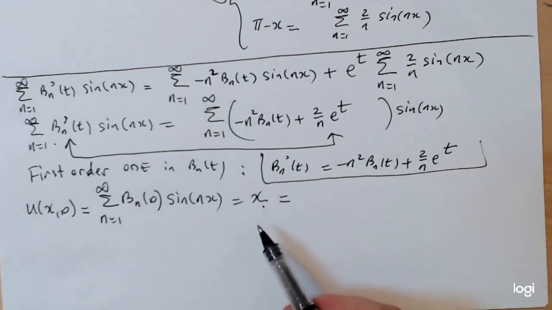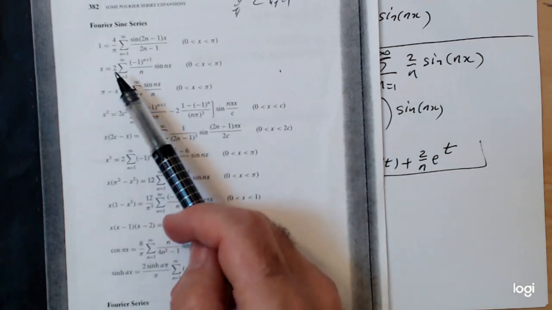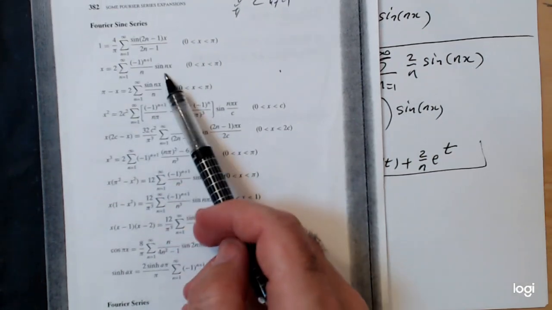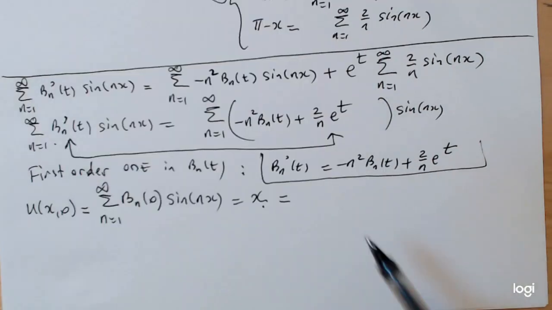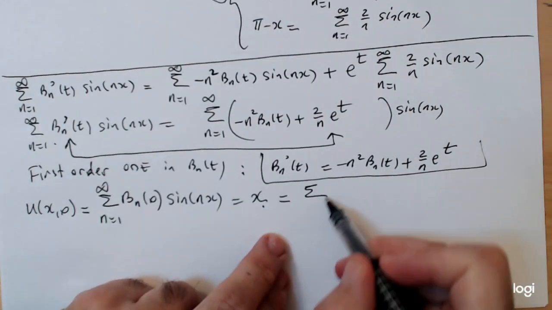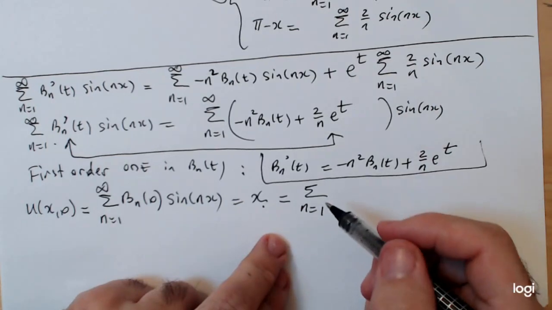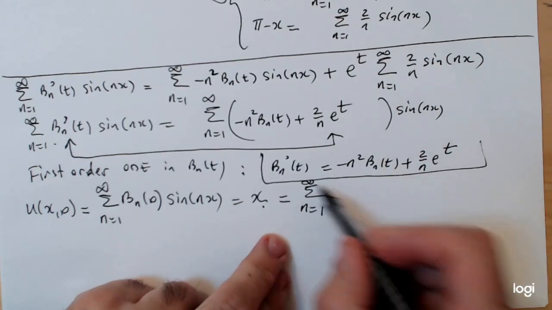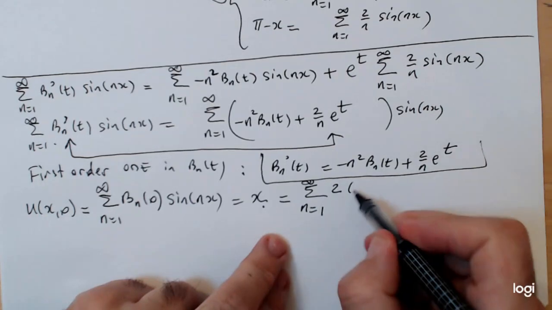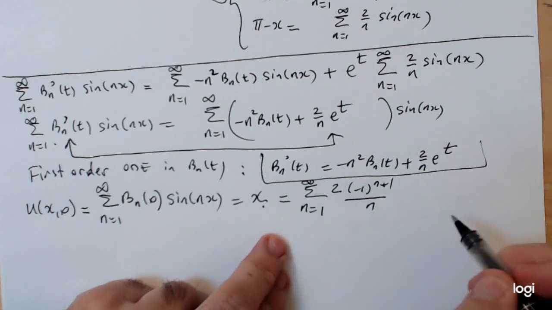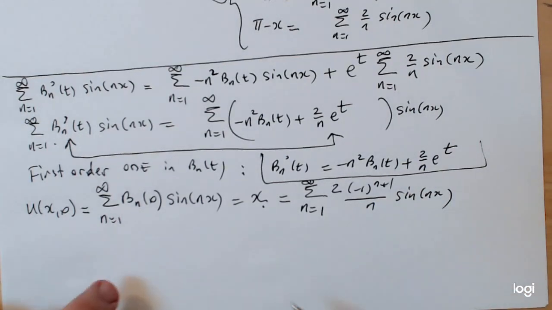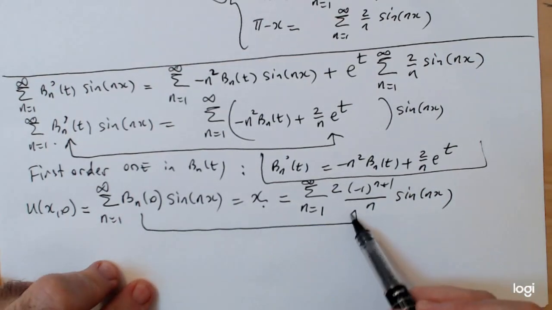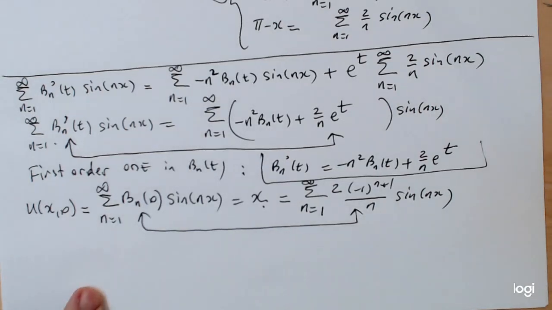So again, we go back to the table and we see that x is given by this series, 2 times minus 1 to the n plus 1 over n, sine of nx. We write it down here. And now we match Bn of 0 with the coefficient of that summation.